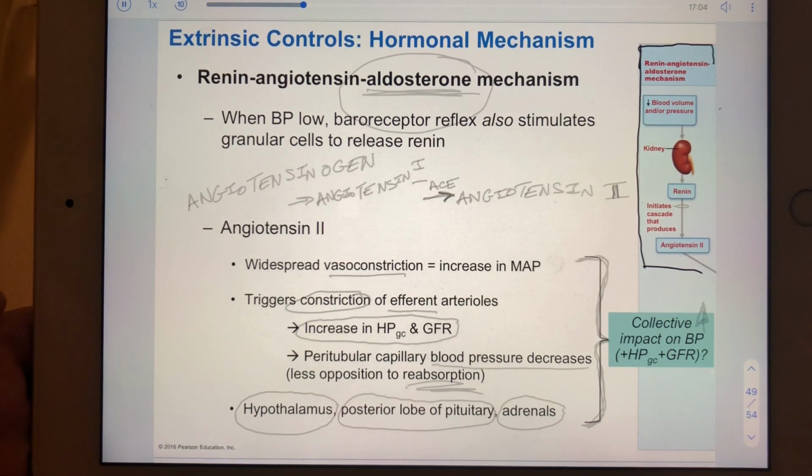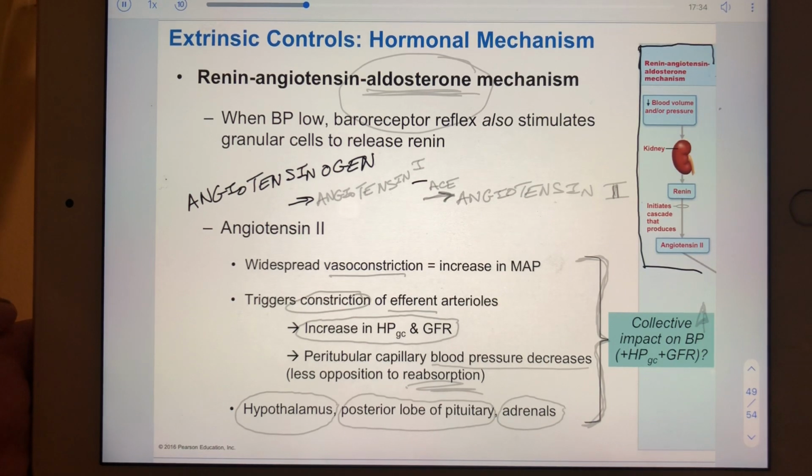And we know that when renin enters the bloodstream, it encounters the plasma proteins called angiotensinogen, and cleaves angiotensinogen to yield angiotensin 1.